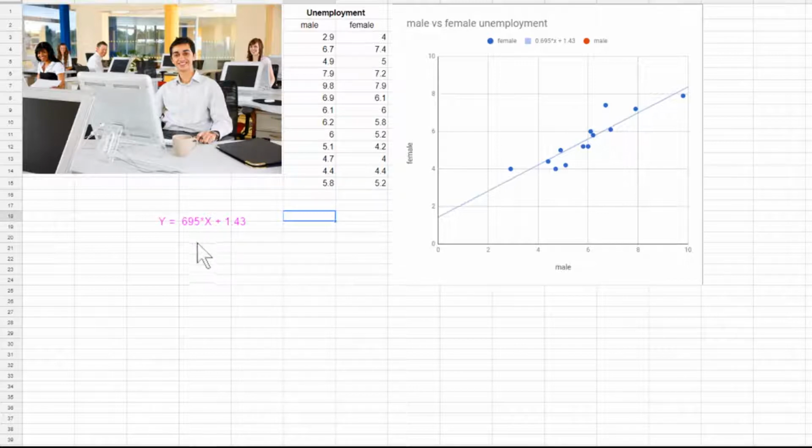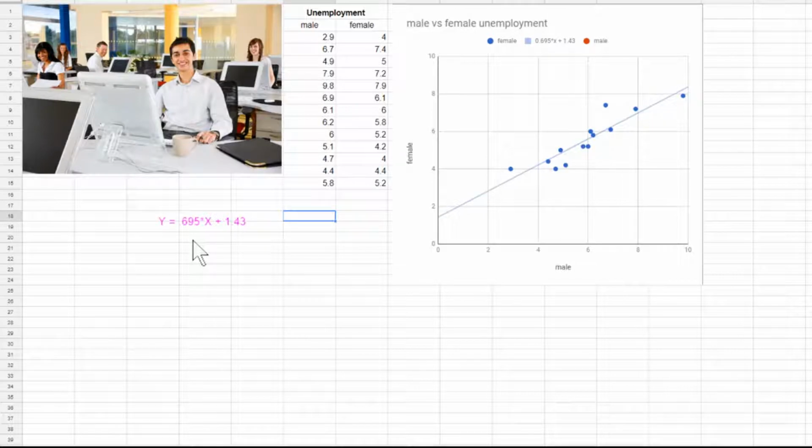However, there's another part to this, and that's this part here, 0.695 times x, about 0.7. What this is saying is something more subtle. This is saying that for every 1% increase in the male unemployment rate, the female unemployment rate does not go up by the same amount.